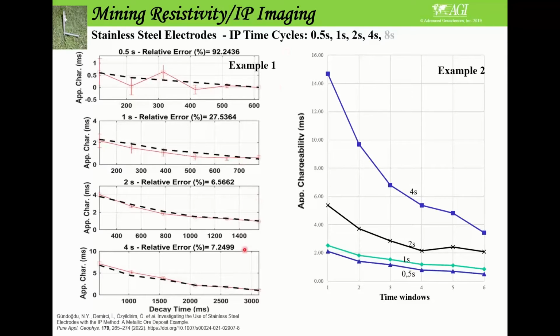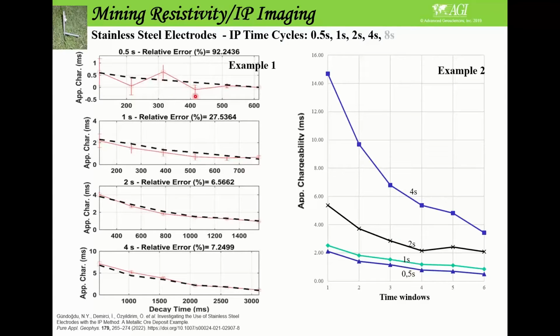Here I show you the screen. The first one is using the stainless steel electrodes with a time cycle of 0.5 seconds. You can see it going up and down, and the signal level, the apparent chargeability of about 2 milliseconds, shows some fluctuations.